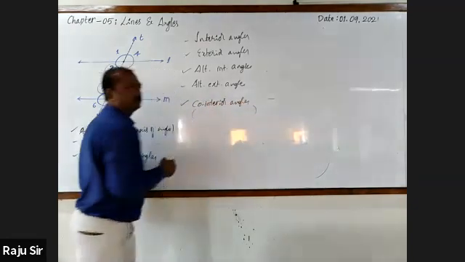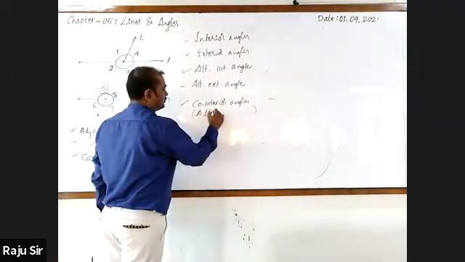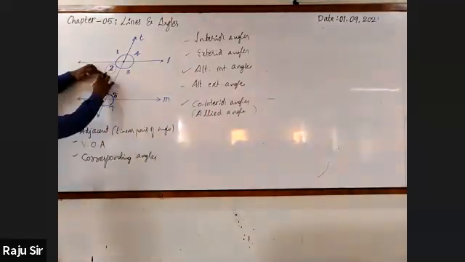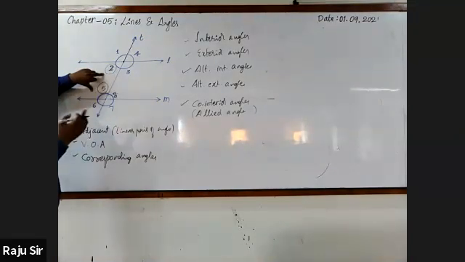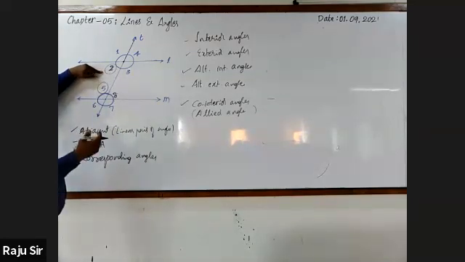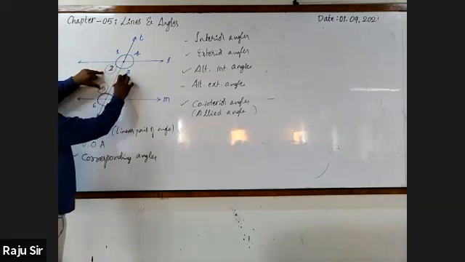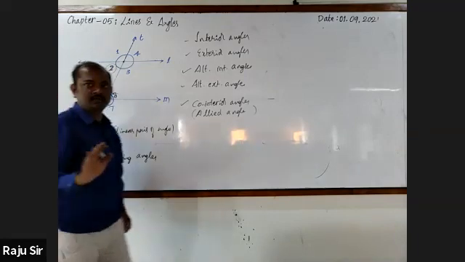They are also called allied angles. These angle 2 and angle 5 are allied angles. Angle 3 and angle 8 are allied angles. What is the sum? 180. Here, angle 2 plus angle 5 is 180. Angle 3 plus angle 8 is 180. You understand?